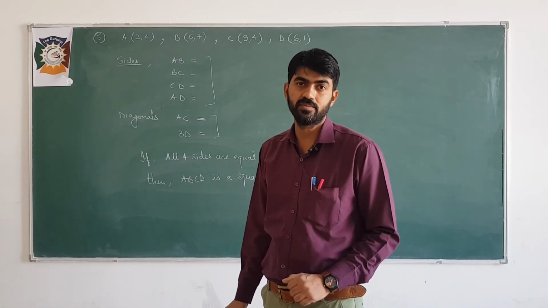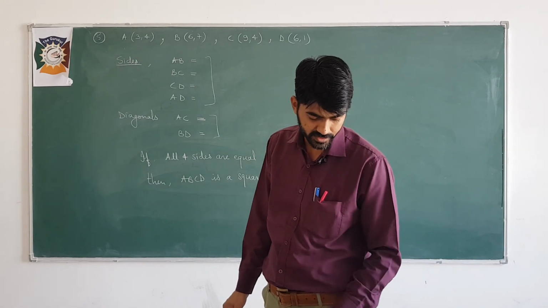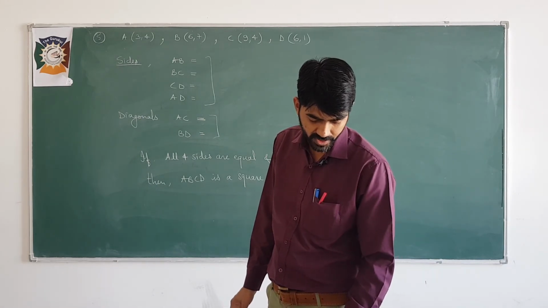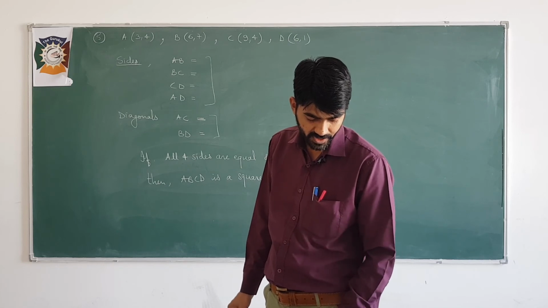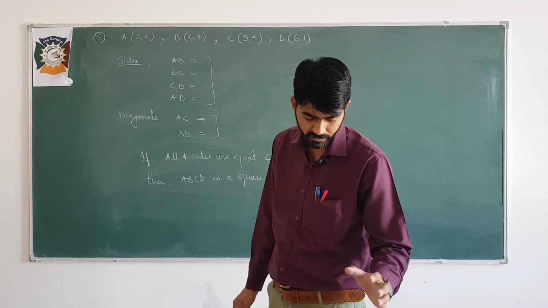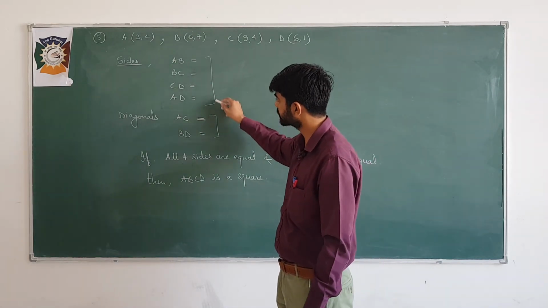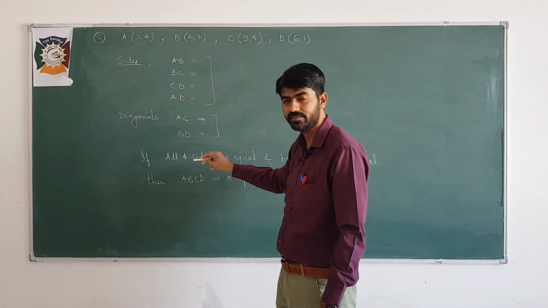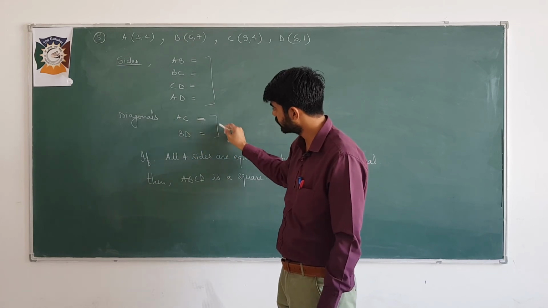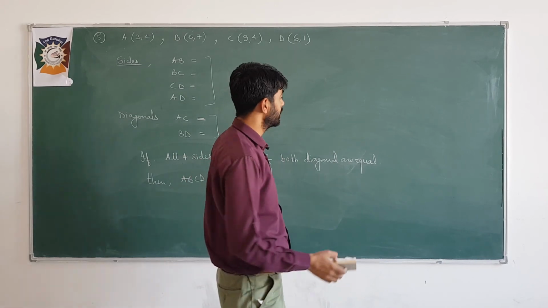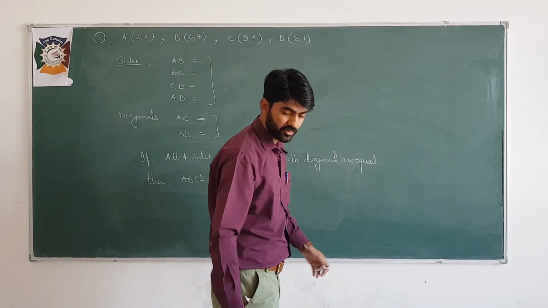Similar is question number 6. Question number 6, name the type of quadrilateral formed, if any, by the following points. Again 4 points are given. In the same way we will find all four sides and two diagonals, and then decide the type of quadrilateral.